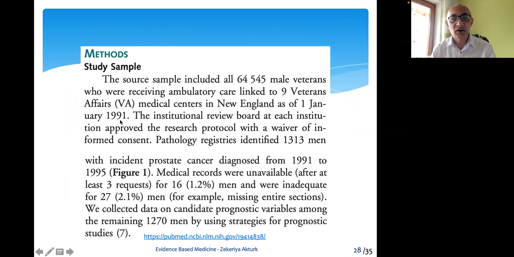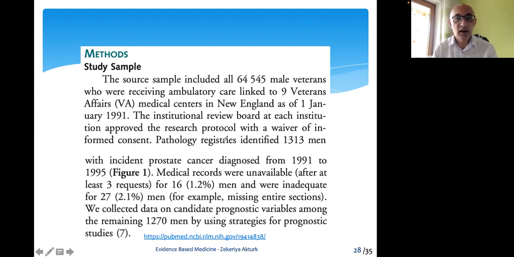In the methods section, I pasted here the 3 following slides from the methods, and I will not read them sentence by sentence with you, but I want you to see what kind of information is presented.